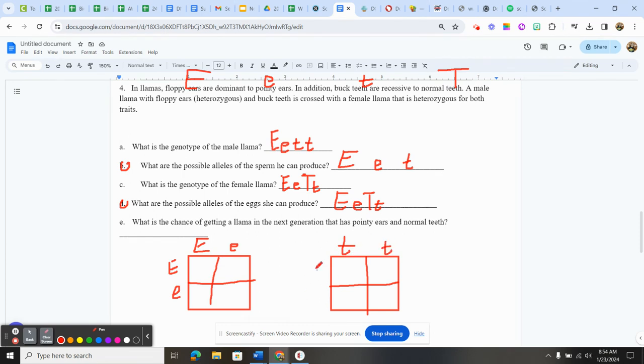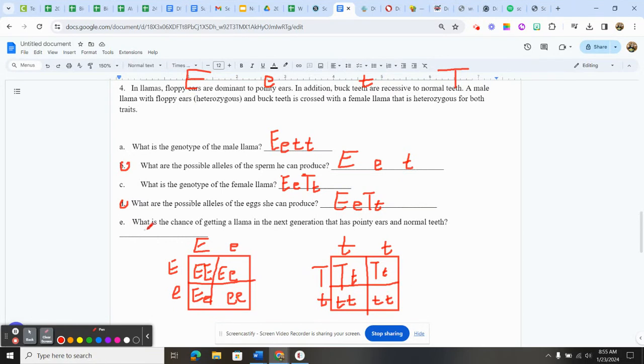I'll put the male on the top, female on the side. We're all pretty good with doing the actual crosses. Okay. And then over here, we have our big T and our little t. Whenever you're doing these, always try to choose a letter that's different, capital and lowercase. Otherwise, it gets really confusing.